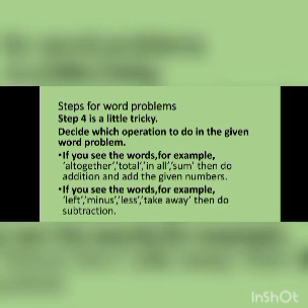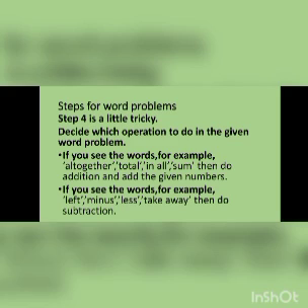Step 4 is a little tricky. In step 4, first you will decide which operation you have to do in the given word problem. For deciding the operation, you have to focus on step number 2, where you box the keywords.